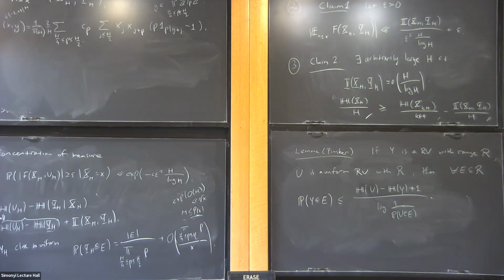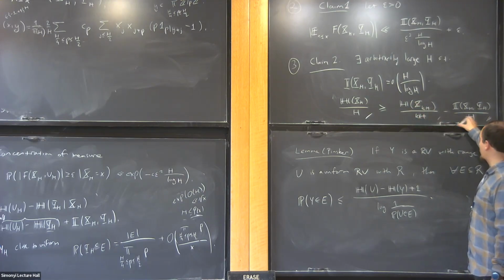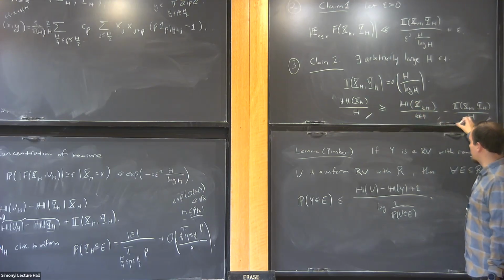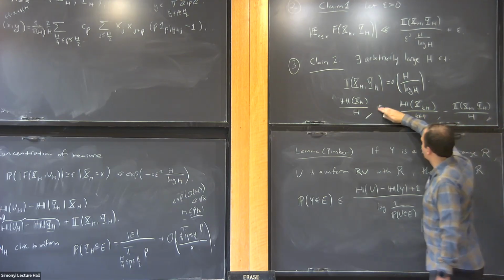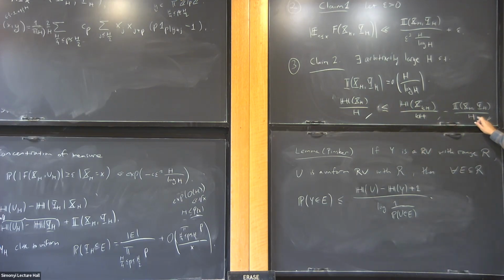So if we assume that the information is large at every scale, then at every scale this mean entropy is, sorry, it should be the other way around. The mean entropy is decreasing by 1 over log H, but it cannot decrease indefinitely.